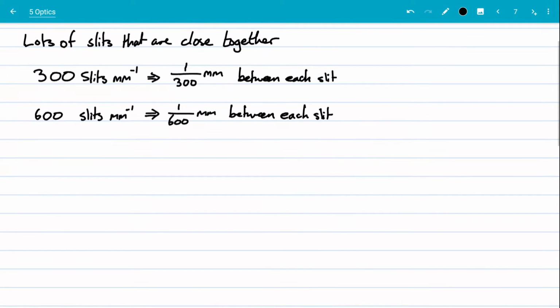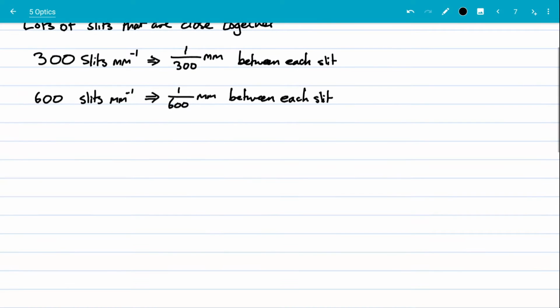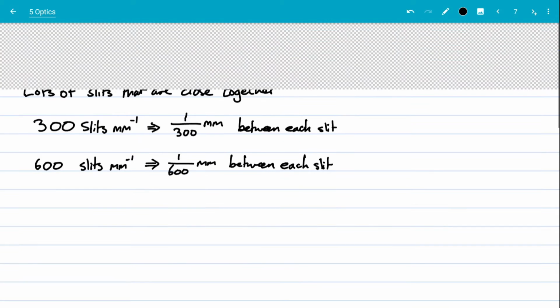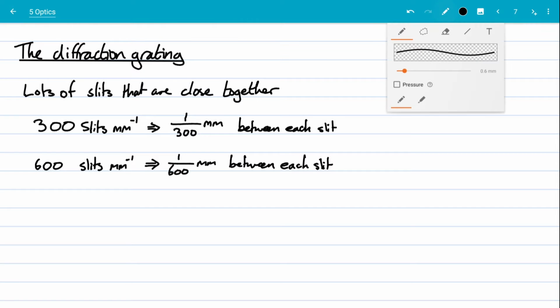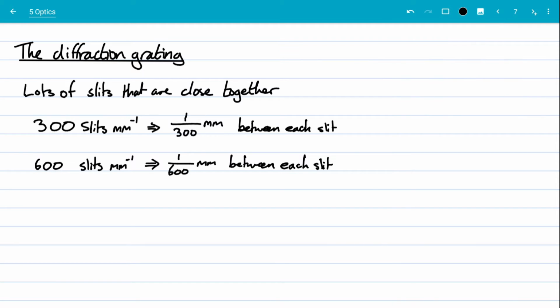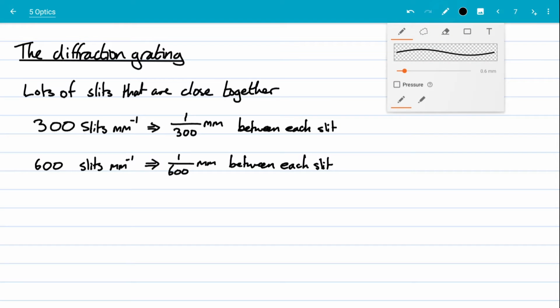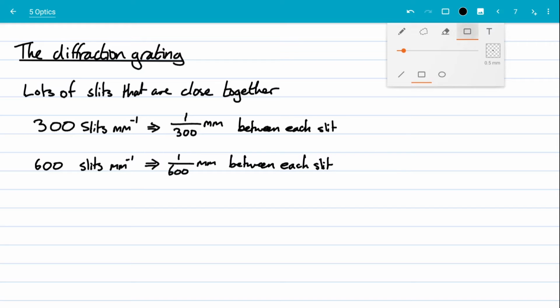Well, they are going to split a single beam into lots of different beams, and it goes a little bit like this. If I have a source, perhaps it's a laser, I'll draw it up here and label it laser. So it's monochromatic, coherent, and I have my diffraction grating, which I'm going to draw just like this.